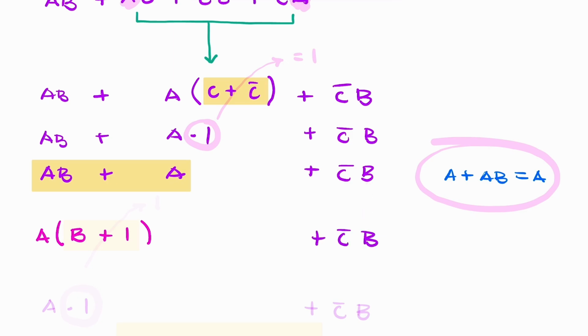And now B plus 1, when you add 1 to any variable, so that's like saying B or 1, you're always going to get a 1. So this is always going to give you a 1.